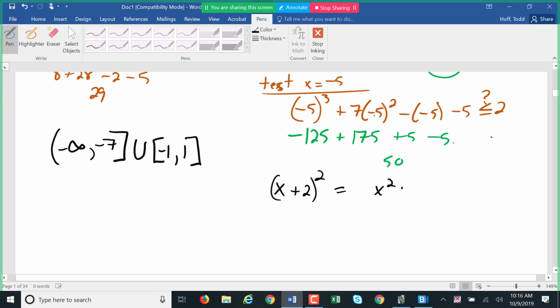So that's x squared plus 4x plus 4 is less than 0. Let's do less than or equal to 0, put it that way. Well, that factors as x plus 2 squared, x plus 2 times x plus 2. So that means x equals -2 is my only root.